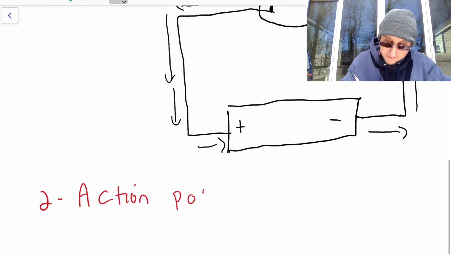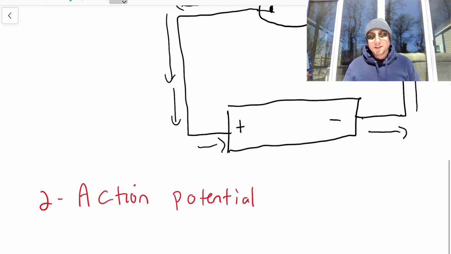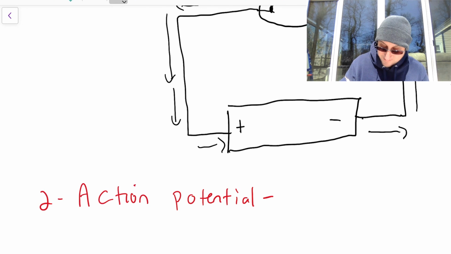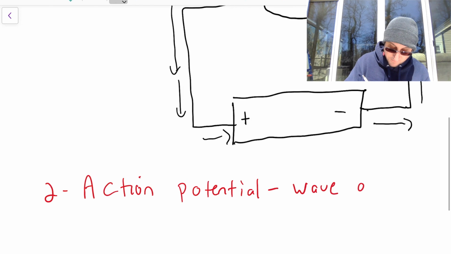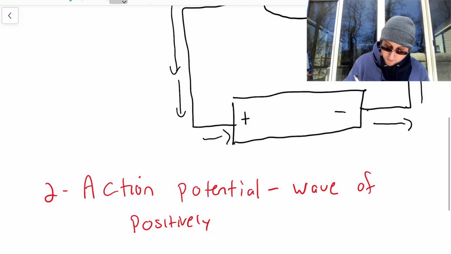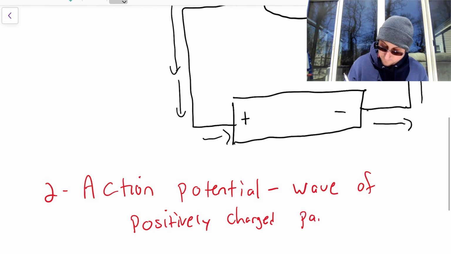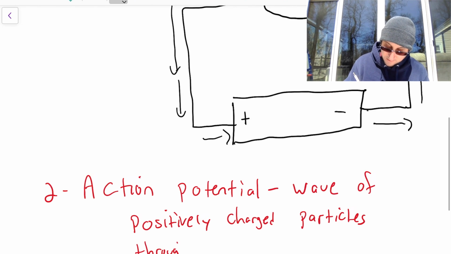So what is an action potential? It's just a wave of charged particles throughout a neuron. And what charge are they going to have? Positive, right? So it is a wave of positively charged particles throughout the neuron.